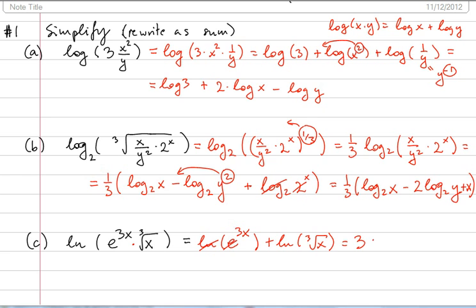I'm left with only 3x. I will rewrite the cube root as exponent of 1/3, so I'll have plus ln x to the 1/3, and I use the property of logarithms that this comes out in front of the logarithm. So this is going to be 3x plus 1/3 ln x.